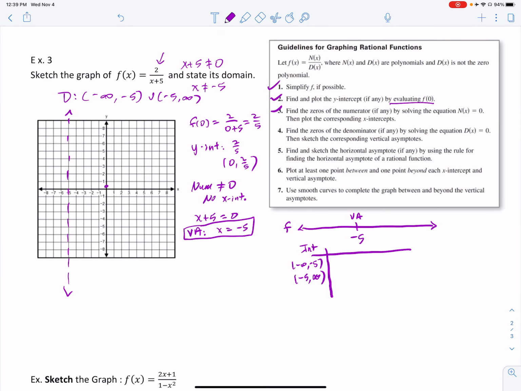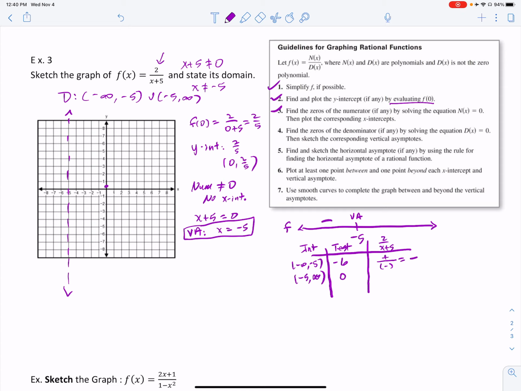And basically what I'm going to do is pick a test number to decide if the function is positive or negative in each interval. So to the left of -5 is -6. Between -5 and infinity, I would use 0 since it's in there. And then basically what we're going to do is figure out the sign of this rational function. In this case, the numerator is always positive, and if I plug in -6 to the denominator, it's negative, and positive divided by negative is negative.